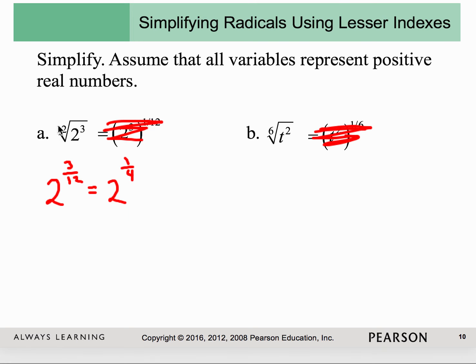That's why I know I'm not done here. My index and my exponent can't have any factors in common, because look, I can change it to its exponential form, okay, and then reduce that fraction. Now, I can put it back. I can leave it in exponential form, or I can put it back in radical form.